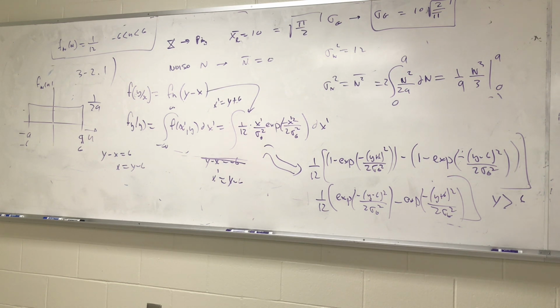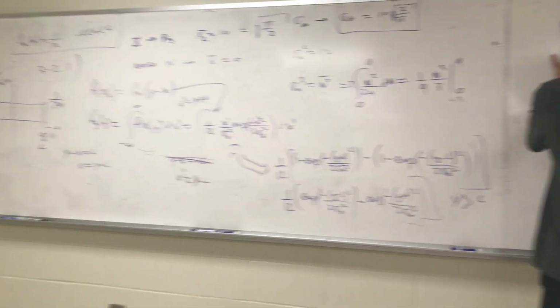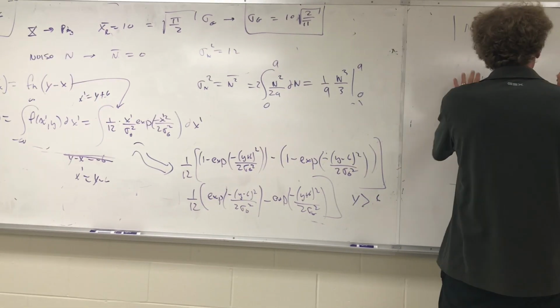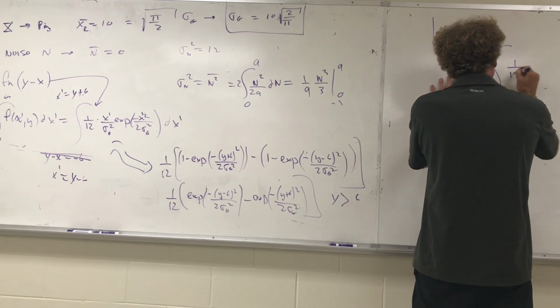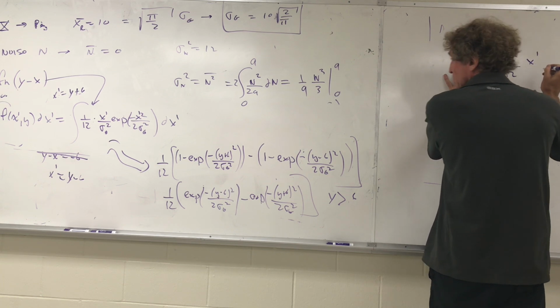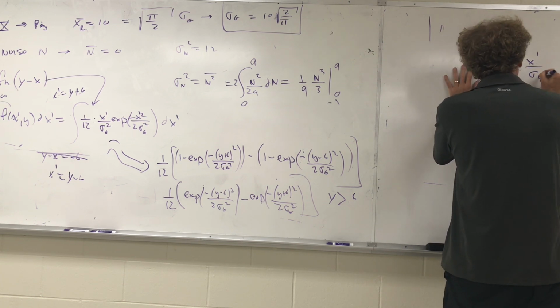Well, I think it's effectively the same thing, and I'll show you why. Technically speaking, when we're doing this, we have that 1/12 right here. And then I'm putting an x prime there for a reason. I'll just call it sigma Gaussian squared.